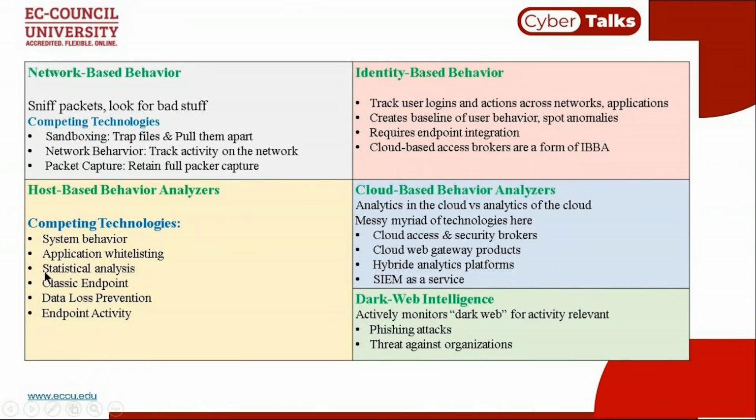This is statistical analysis, classic endpoint data loss prevention, and endpoint activity. Cloud-based behavior is analytics in the cloud versus analysis of the cloud. A messy myriad of technologies here: cloud access security brokers, cloud web gateway products, hybrid analytics platforms, and SIEM as a service. Lastly, dark web intelligence actively monitors the dark web for relevant activity, phishing attacks, and threat intelligence organizations.